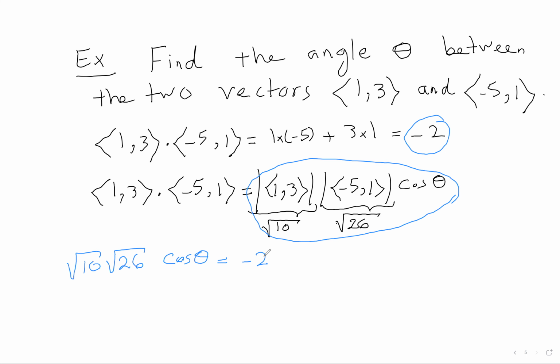I want to find the angle between the two vectors. First of all, radical 10 times radical 26 is radical 260. At this point, we don't need to simplify. So I get cosine theta is -2 over radical 260.